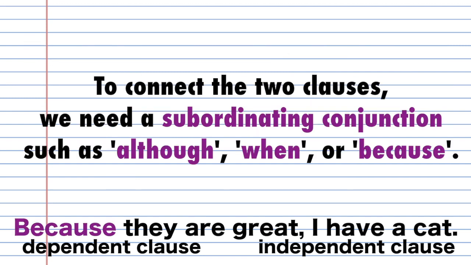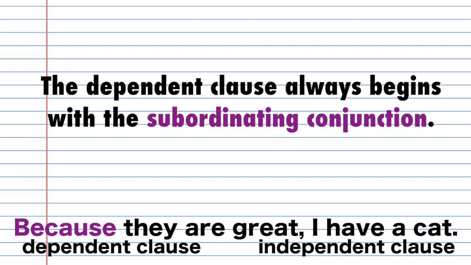To connect the two clauses, we need a subordinating conjunction, such as although, when, or because. The dependent clause always begins with the subordinating conjunction.